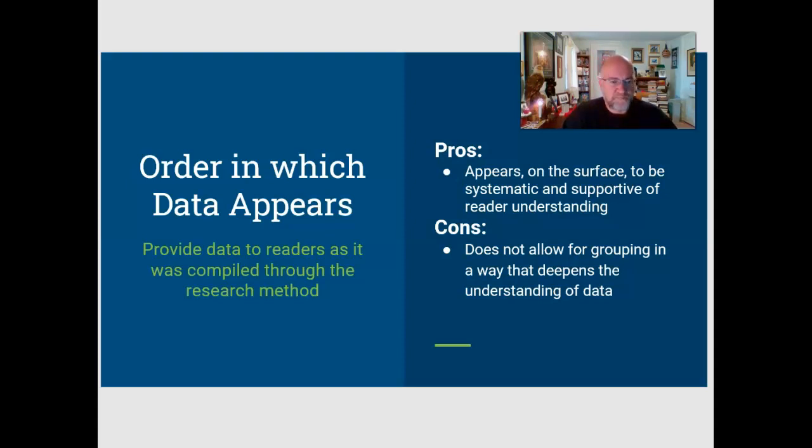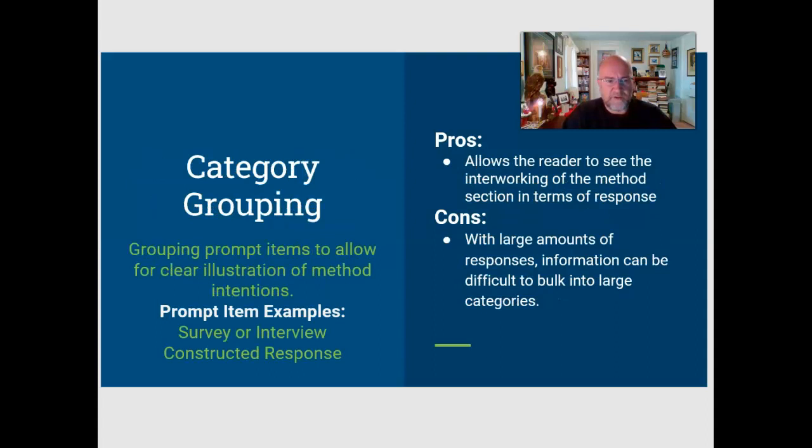Number 2 is category grouping. Grouping prompt items to allow for clear illustration of method intentions. So an example, a survey or interview conducted with responses. Obviously, in this case, it does allow the person reading your paper to see how things are interworking with each other in your method section and in terms of what responses you got.